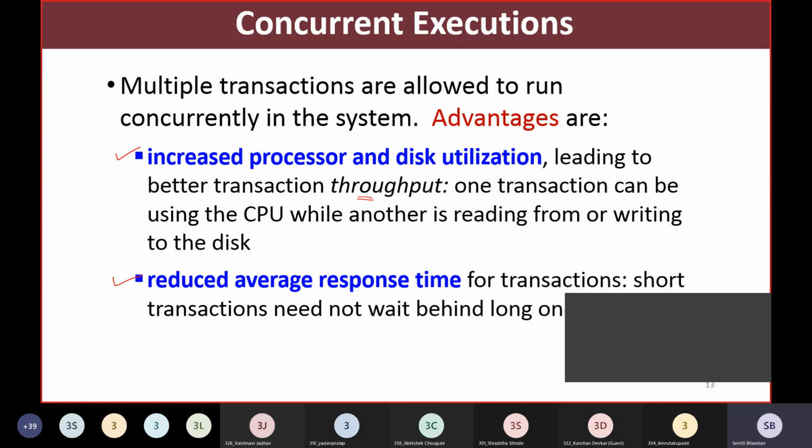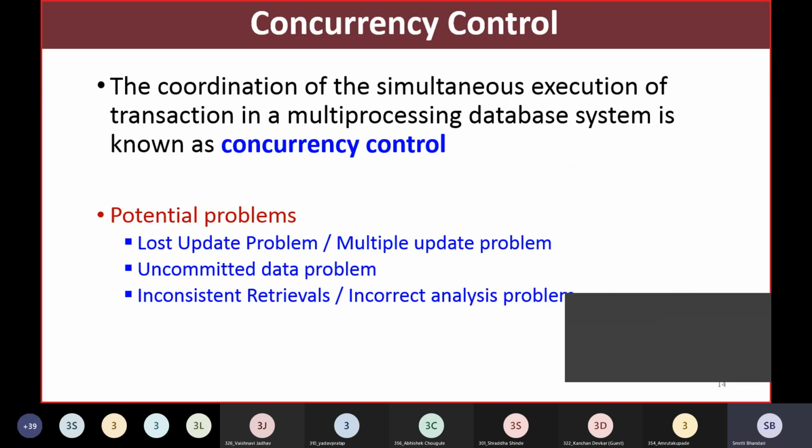So these two are the important advantages of having concurrency in our system. Now, if we would like to have concurrent execution of transactions, then we should have some mechanism that will control such concurrent execution of the transactions.